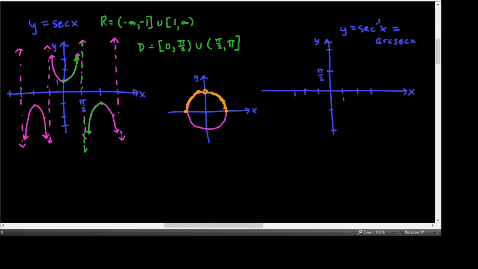The vertical asymptote at x equals pi over 2 will become a horizontal asymptote at y equals pi over 2. So there's a horizontal asymptote at y equals pi over 2. So the point 0, 1 will go to 1, 0, and then the curve will approach the asymptote. And there's a point at pi, negative 1, so its inverse point will be at negative 1, pi, and the curve will approach the asymptote.